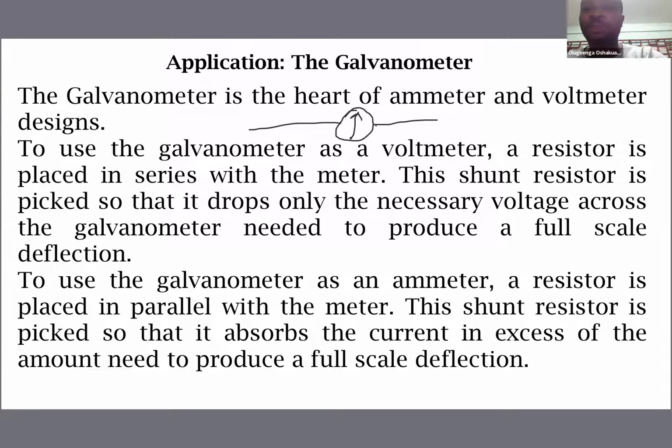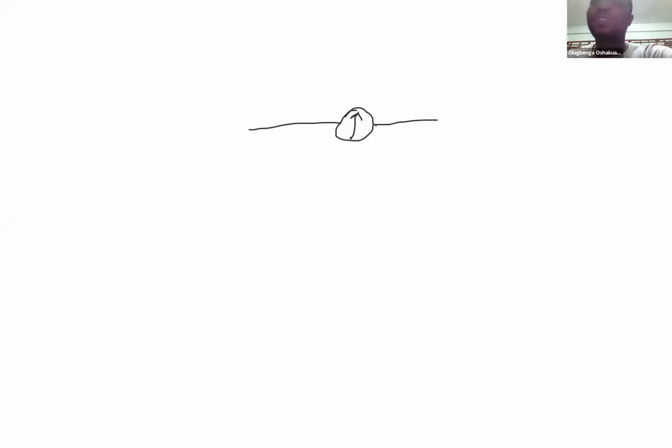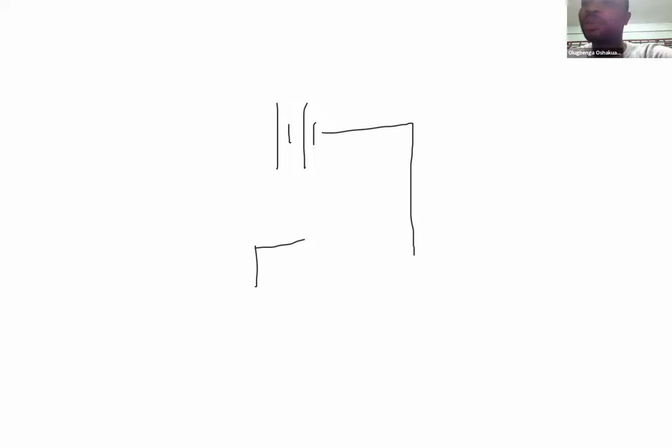You must have observed that whenever you have a circuit, say a battery connected to a resistor, and you want to calculate the current flow, you usually connect your ammeter in series with the circuit.